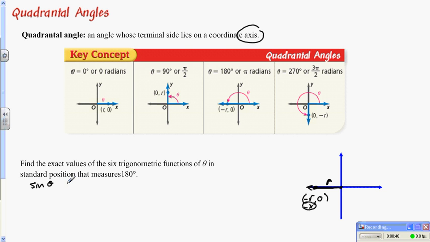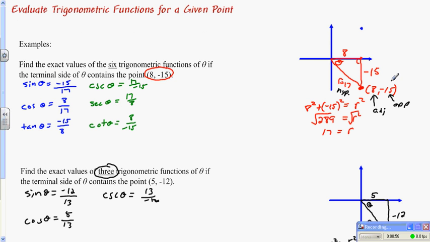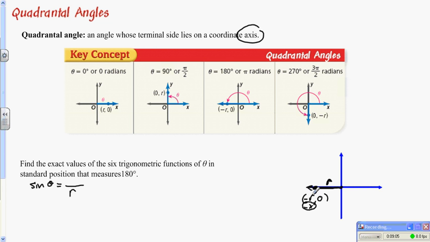Sine of theta equals opposite over hypotenuse. Now, the hypotenuse is r units long. You don't have to know a length. The opposite side, if you remember on the other page, we said the opposite side is the y value of the coordinate. So the y value of that coordinate is 0. So our sine of theta will just be 0.